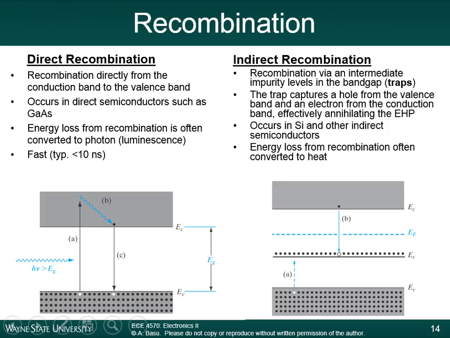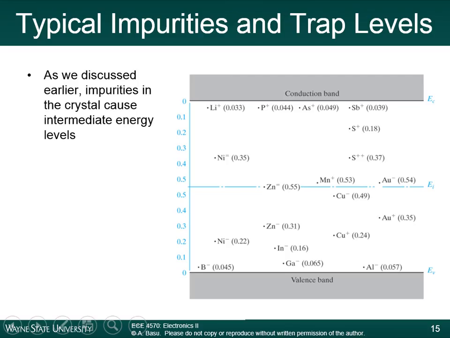You don't want these intermediate states because they affect a lot of carrier processes. You can see here that it affects recombination. So what this chart is showing is that if the silicon lattice has impurities in it, then you'll end up having these trap levels, and they will affect the behavior of the semiconductor material.